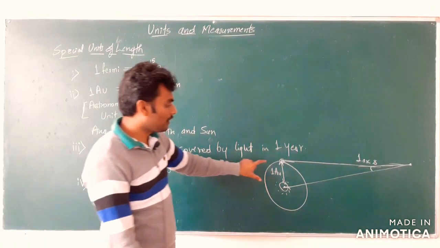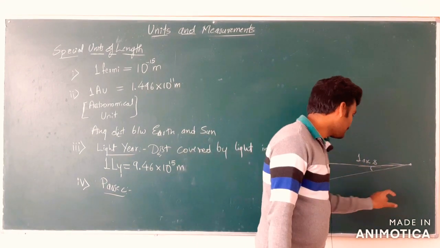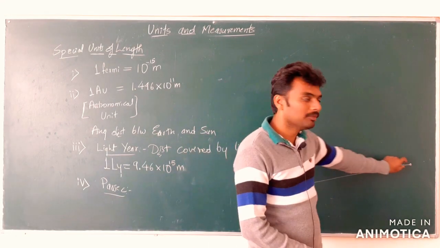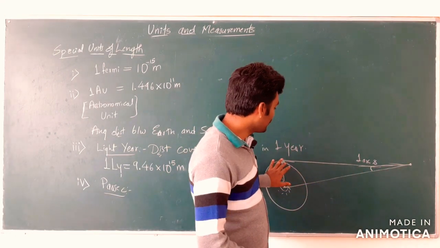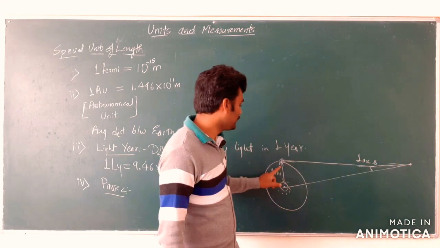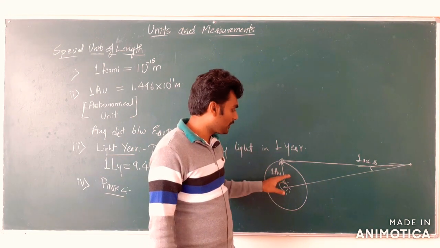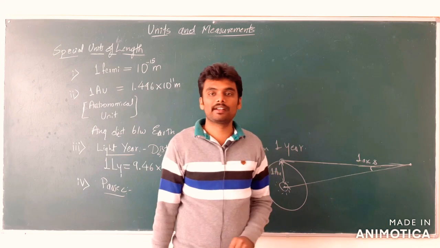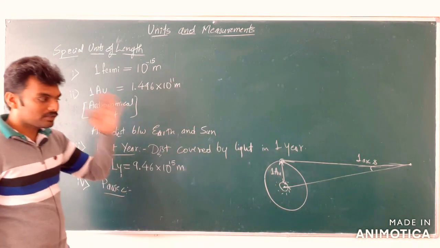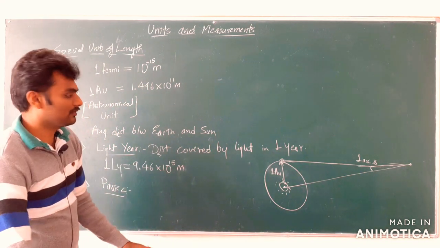So, if I draw two lines from Earth and Sun such that they make 1 arc second of angle between them, then the distance from the point where the two lines meet to the Earth or the Sun is considered a parsec. Don't worry about the standard definitions, because they are not asked for boards.